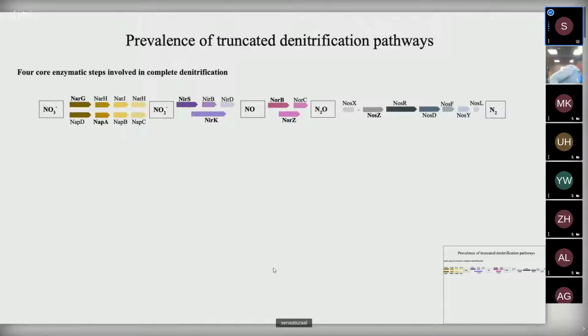We start our analysis with a survey on denitrification genes. There are 4 core enzymatic steps involved in complete denitrification, and one hypothesis for nitrous oxide accumulation is that denitrification metabolism may stop at nitrous oxide due to a lack of the nosZ gene.